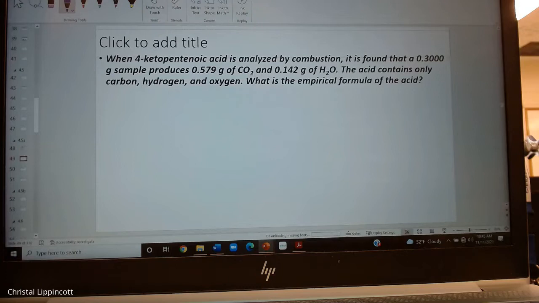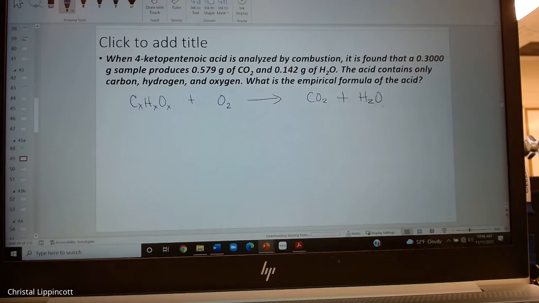So let's go through a problem like that. Okay, we have this acid. It's analyzed by combustion. We're starting out with a 0.3 gram sample of this, and it's producing this much CO2 and this much water. Okay, the acid here consisted of carbon, hydrogen, and oxygen. So this is going to be one of these plus oxygen is going to give us CO2 plus H2O.